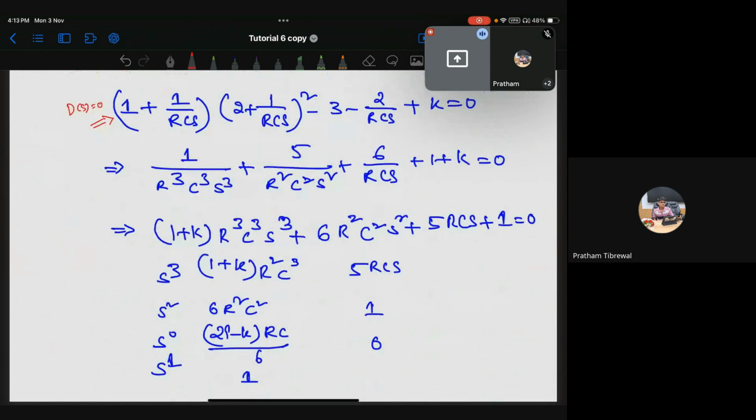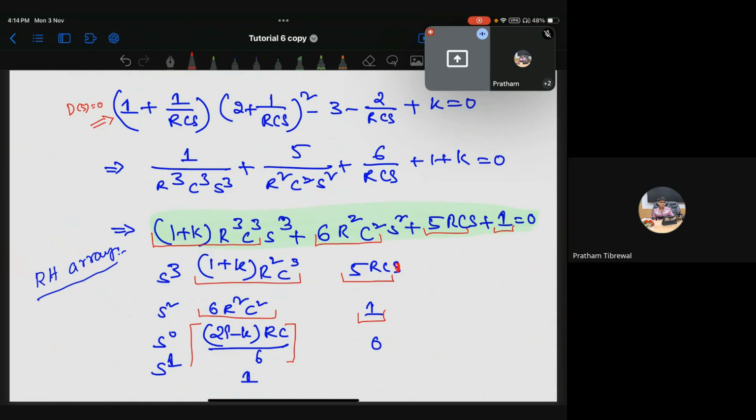These are all simplifications only. Now this is the expression, so again we find the RH array. The first term is this, the second term is this, then the third term goes here, and then the final one here. You will find this term following the calculations in this way.